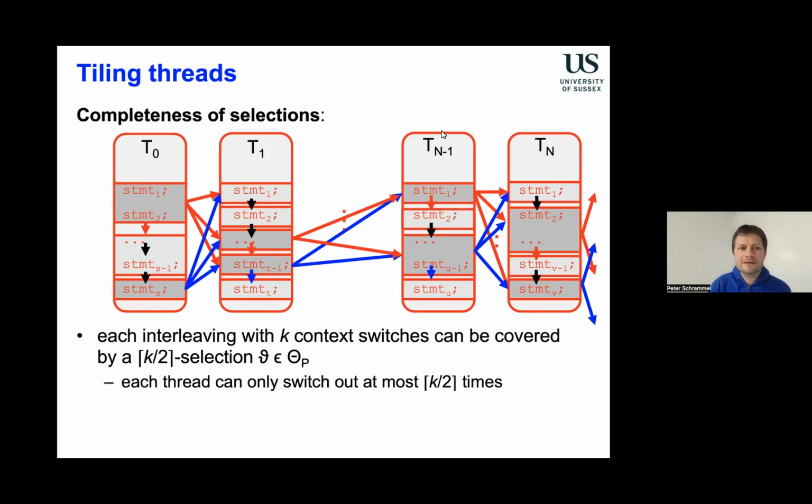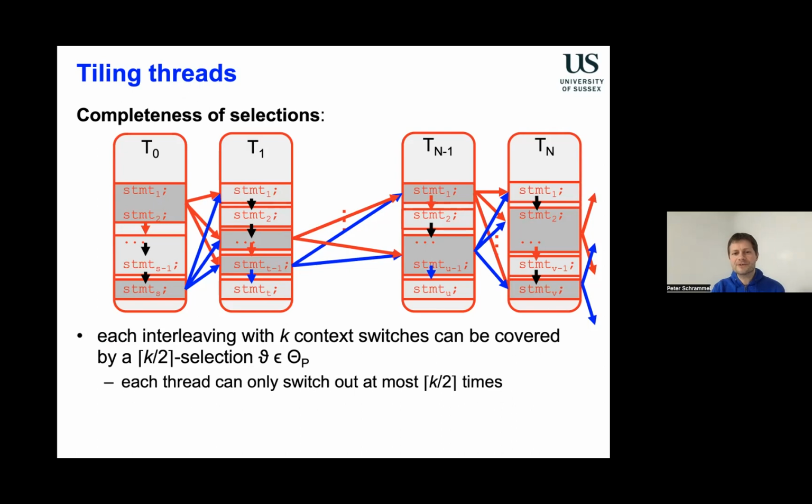So why are these selections complete, and how do we have to pick them so that it is complete? The interesting thing is that we are bounding context switches to at most k.